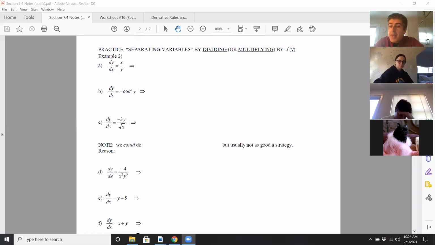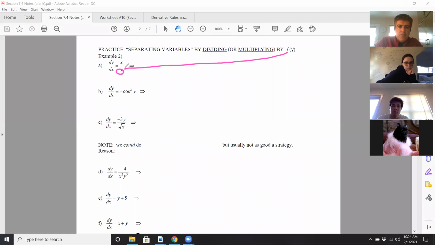Okay, so we're recording page 2 of the 7.4 notes. And here we're doing some practice on separating variables by dividing or multiplying by whatever expression is in terms of y, or f of y. So for example, for this one here, obviously we can call this f of y.